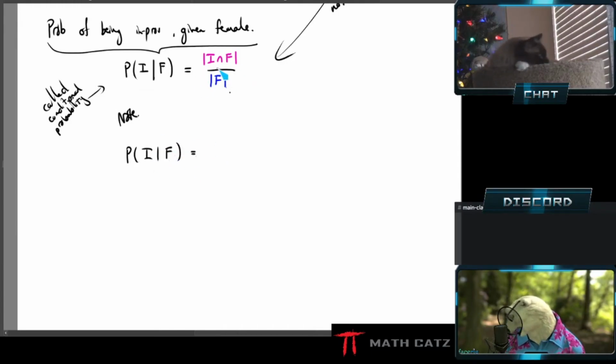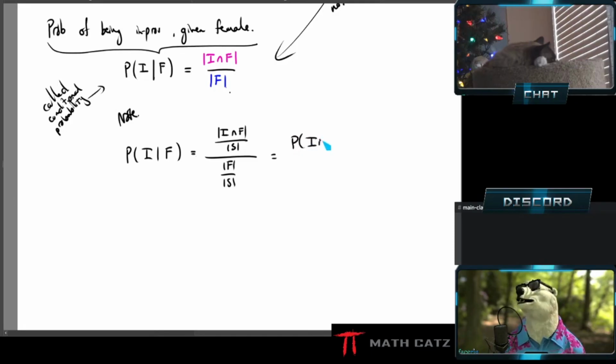Well, if I have this, I can take the pink number at the top, it's just a number, and divide that by the sample space. And I can do the same for the bottom number. And because I have done the same thing at the top and the bottom, nothing has changed. But now the top, just in isolation, is a normal probability of the intersection of these two, right? It's relative to the sample space, so it's relative to the whole rectangle, to everyone.